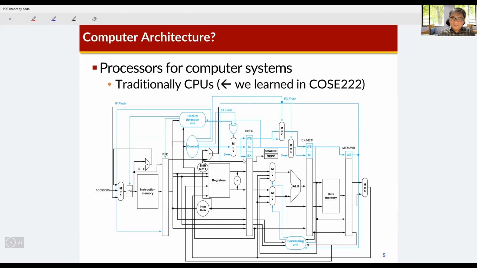So what did you learn in the computer architecture field? I believe most of the students took the computer architecture course for undergraduate students, and in Korea University, this course is COSE 212, 222. In this course, you learned about pipelining, memory hierarchy, or memory systems, and instruction set architecture.